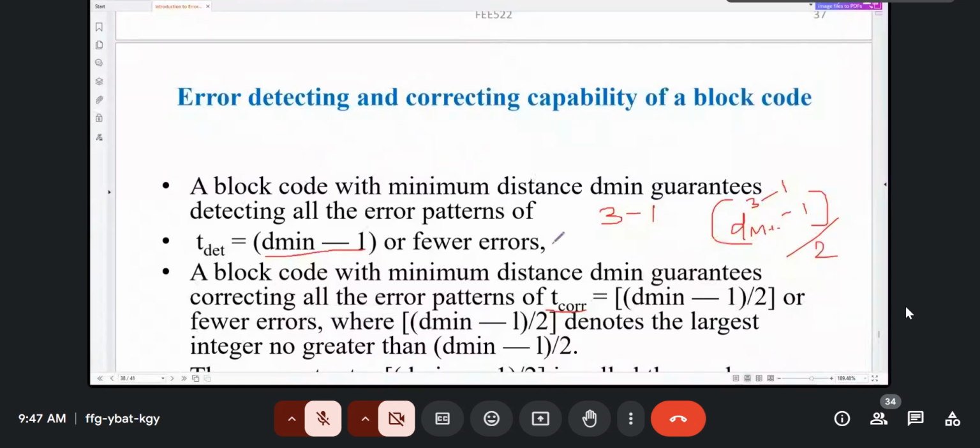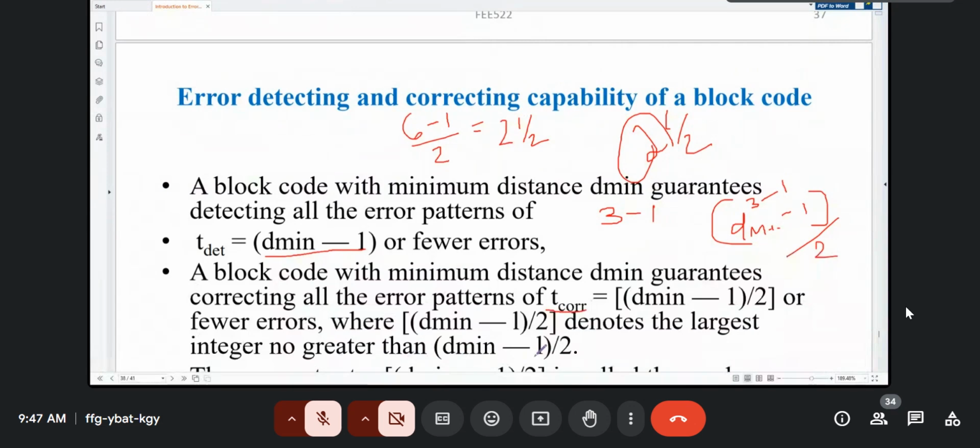What is it saying here? Suppose d_min was 6. You minus 1, it became 5, and divided by 2, so you got 2.5. It means you can only correct 2 errors. That's what this sentence means: largest integer no greater than (d_min minus 1) over 2.